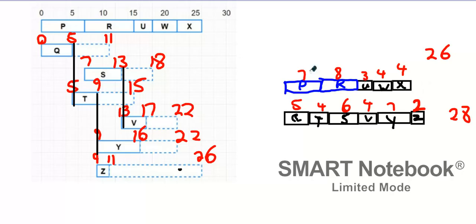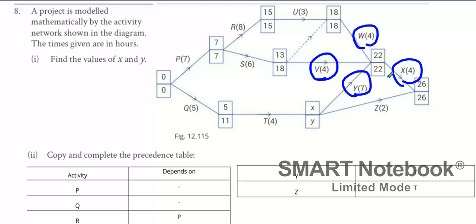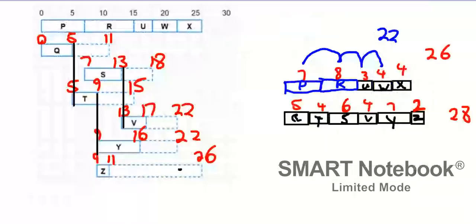Okay, here's what's wrong with our problem here. Think about when X starts. When does X start? 15, 18, and 22 minutes. X is starting 22 minutes in. Well, if you look at your order, X cannot start till Y and W and V are finished. And what's the issue?